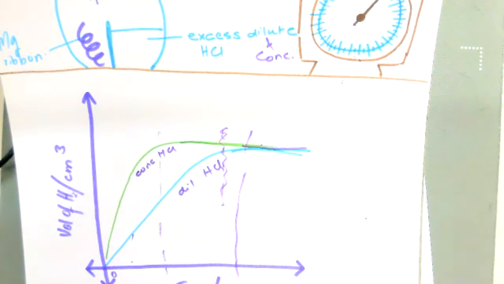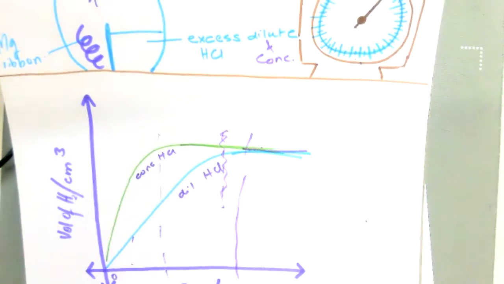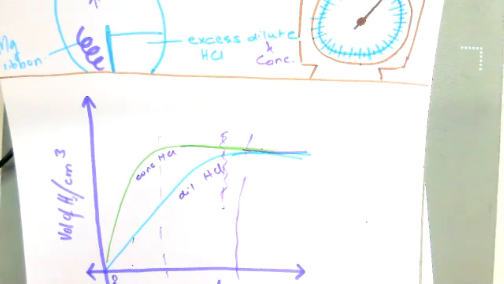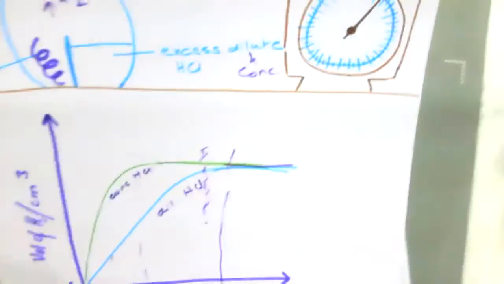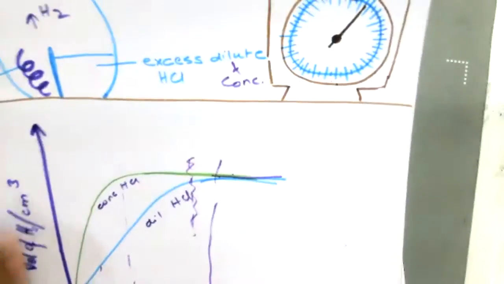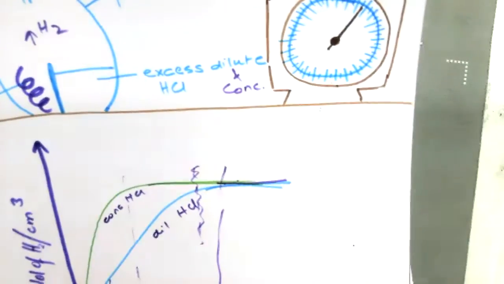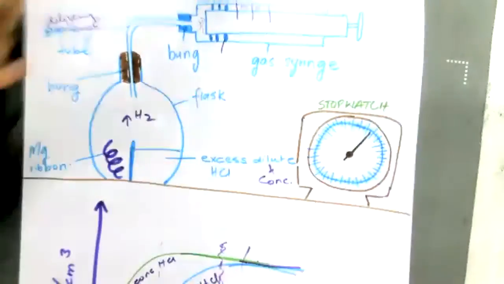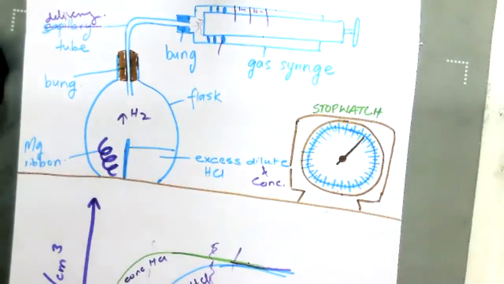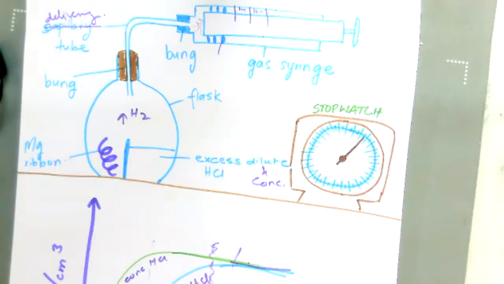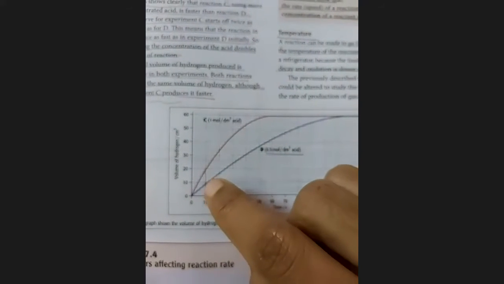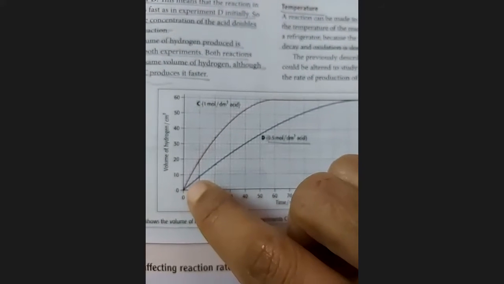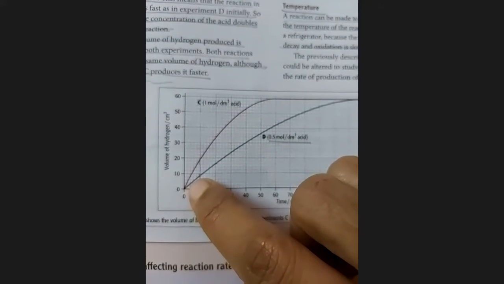I have a question. For those of you who have the book with you, take out page 185, look at figure 7.18, and tell me where the reaction completed. Those of you who don't have the book can look at my screen.